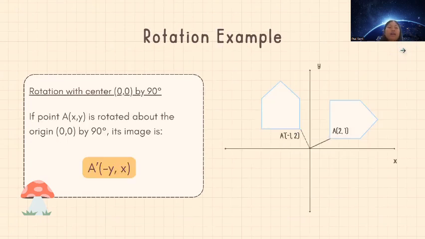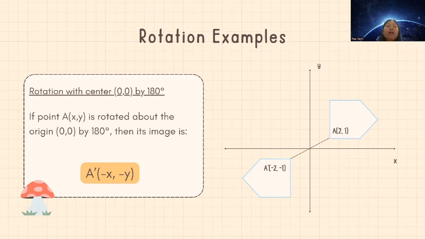Next, rotation with center (0, 0) by 90° counterclockwise. If we rotate a point A (x, y) about the origin (0, 0) by 90° counterclockwise, its image is A' (-y, x).